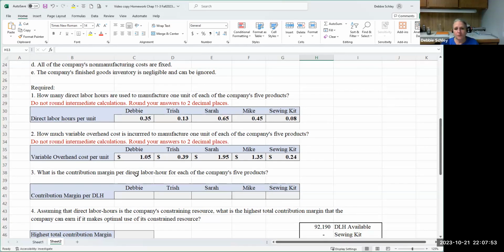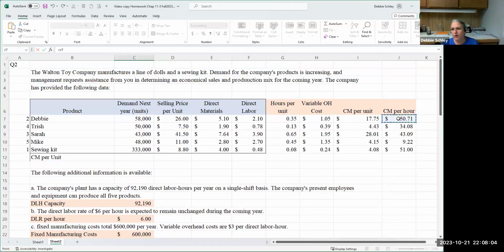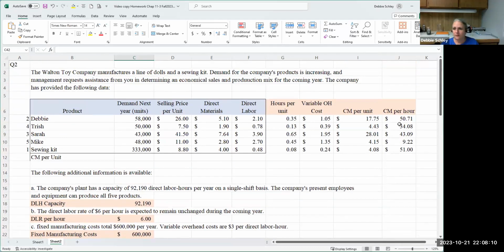So what is the contribution margin per direct labor hour for each of the company's 5 products? If you'll notice, we did that. It took us 2 steps, but we did it. It's the contribution margin per hour. And again, that is the contribution margin per unit divided by the hours per unit.